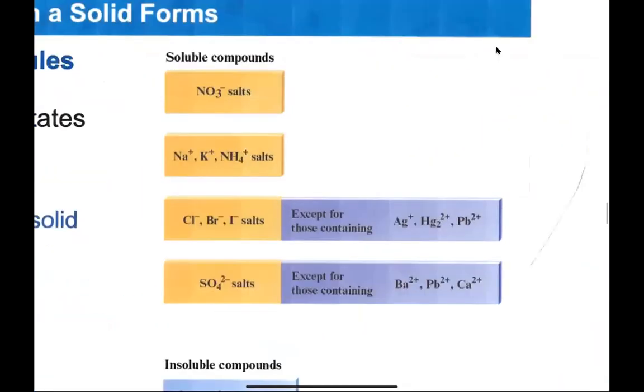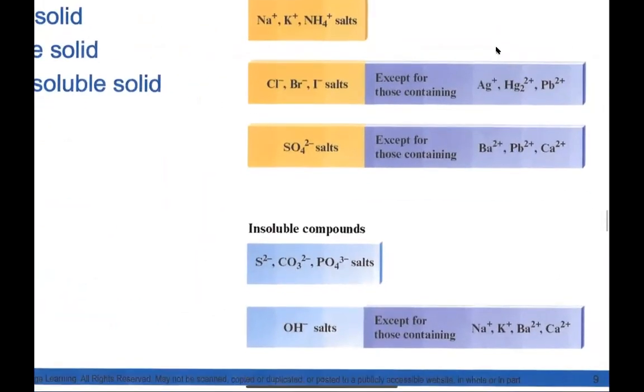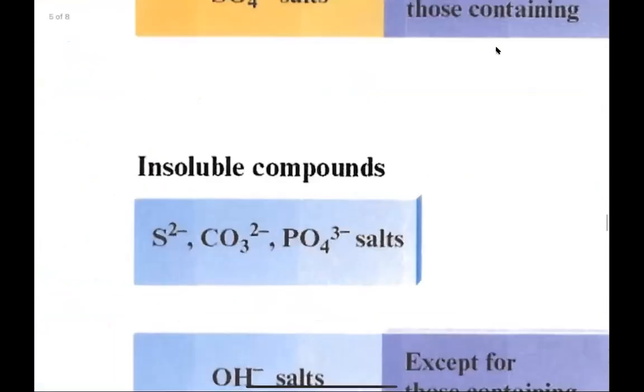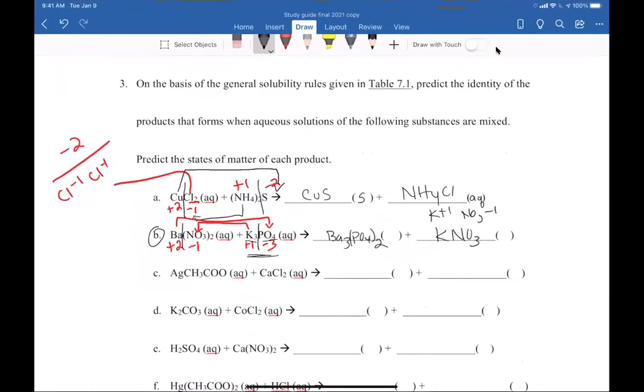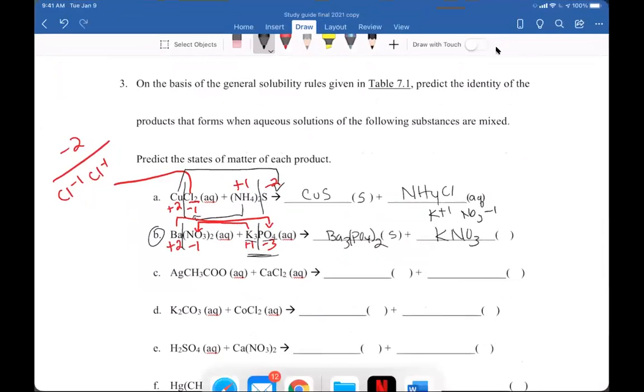We have Ba3(PO4)2. Okay, so Ba, there's nothing about Ba. We do have PO4 there. PO4 says it's insoluble, right? So that means that this would also be a solid like the one above. Okay, then we go to KNO3.